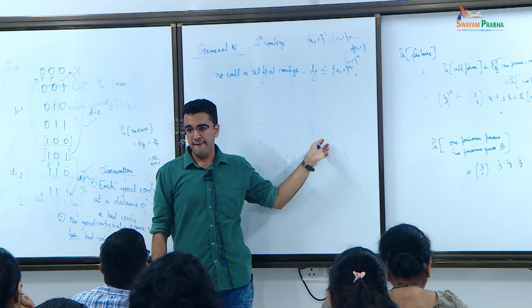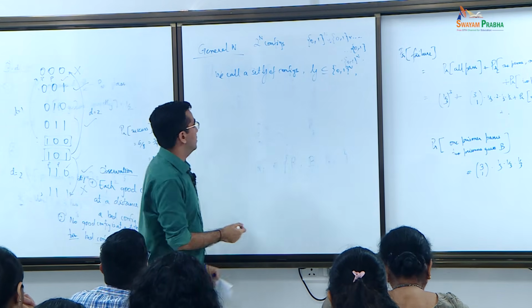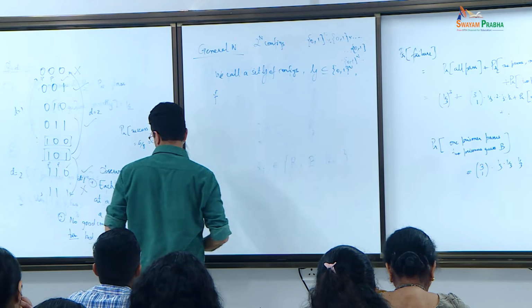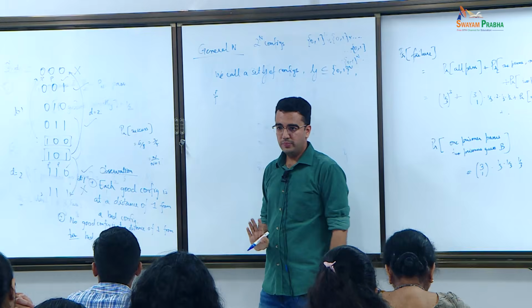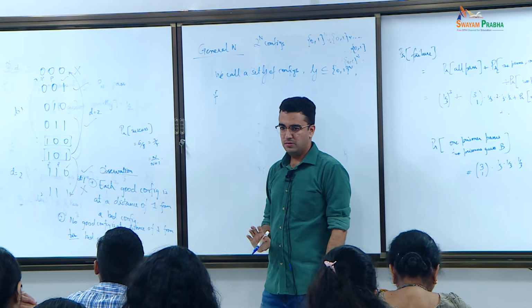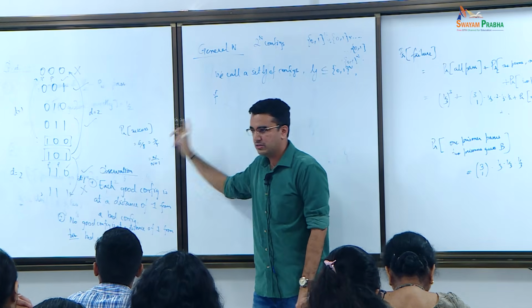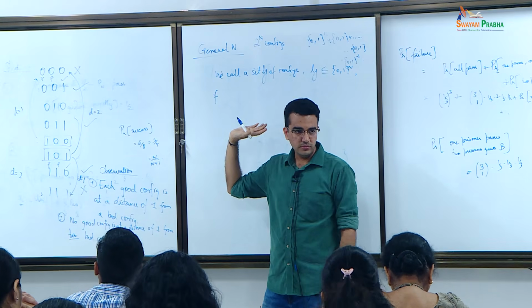Okay. So we call such a set G as good if properties 1 and 2 are obeyed. What is the collection of bad configurations here? It's just G complement. Okay.